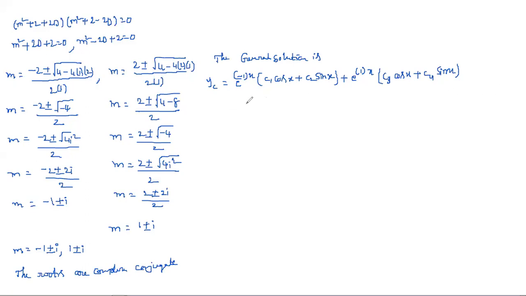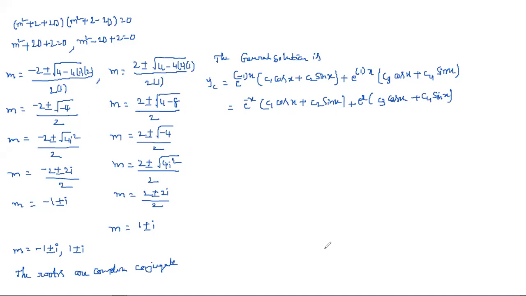So simply if you want, you can write e power minus x into c1 cos x plus c2 sin x, and plus e power x into c3 cos x plus c4 sin x, where c1, c2, c3 and c4 are arbitrary constants. So this is the way we need to find. Or if you want, you can apply the synthetic division method and then you can calculate it. Nothing is wrong. Okay.